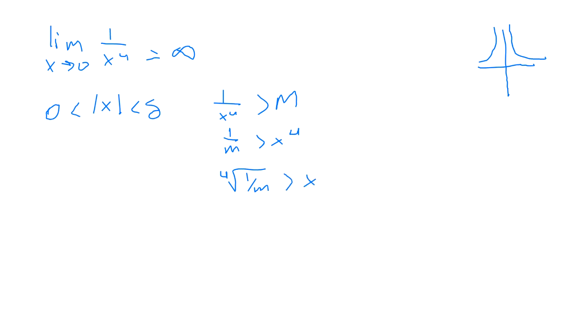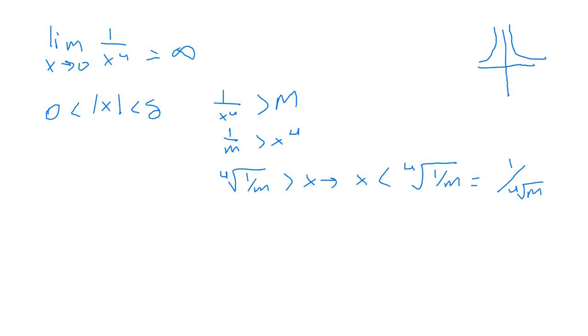All right, so now that we're here, let's go ahead and rewrite this a little bit cleaner. I'm going to write this the other way just because I also like having it the other way. So we get the 4th root of 1 over m. And actually that 4th root of 1 over m, we can rewrite as 1 over the 4th root of m.